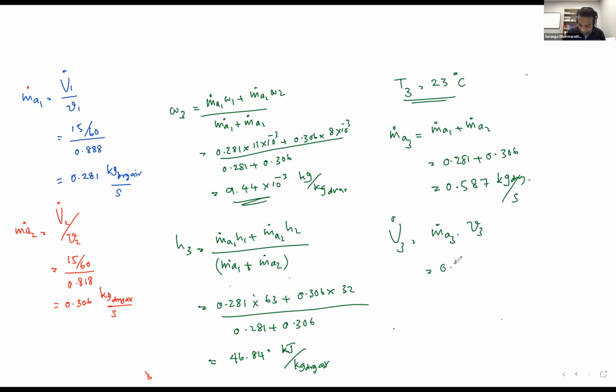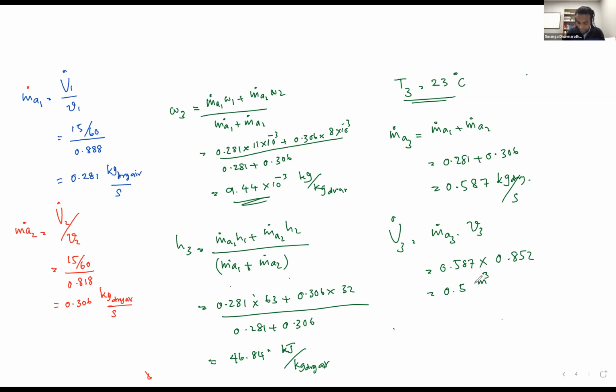So this is 0.587 times 0.852. So we get a solution is equal to 0.5.